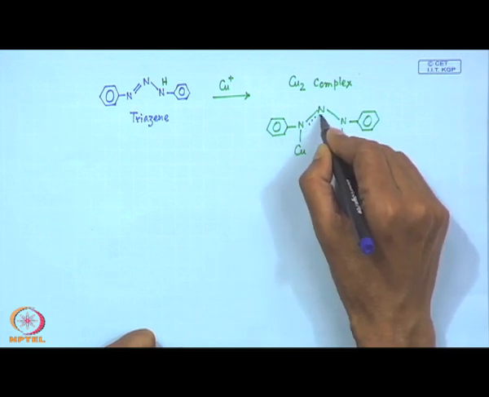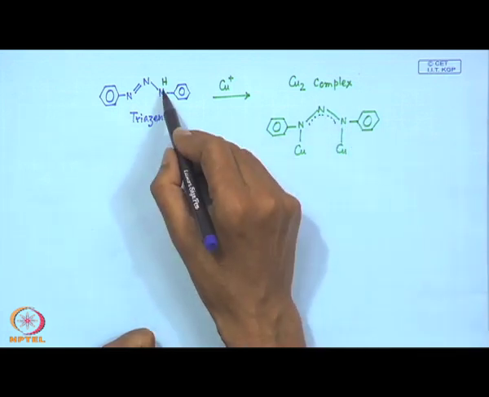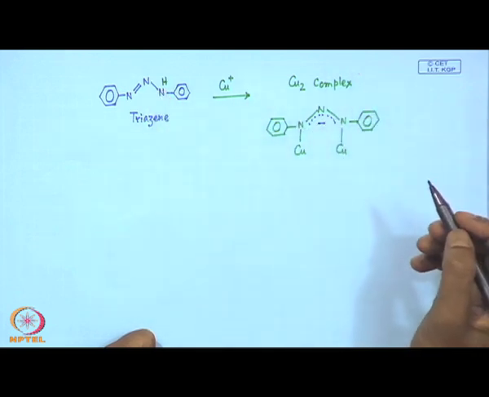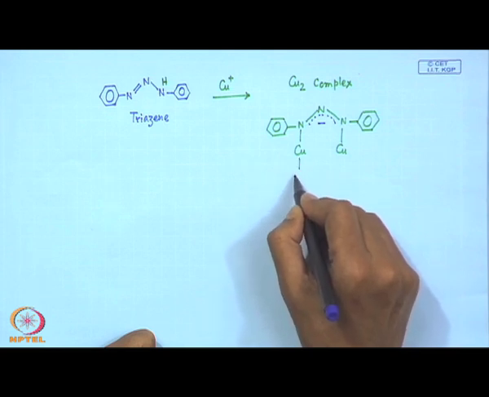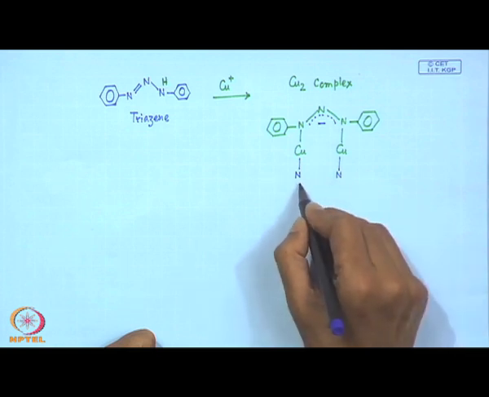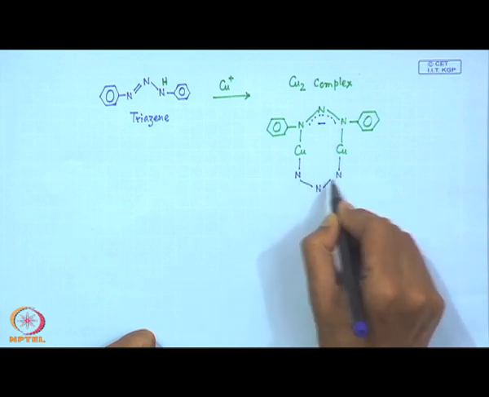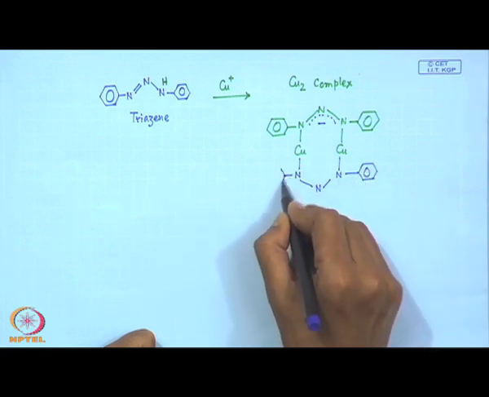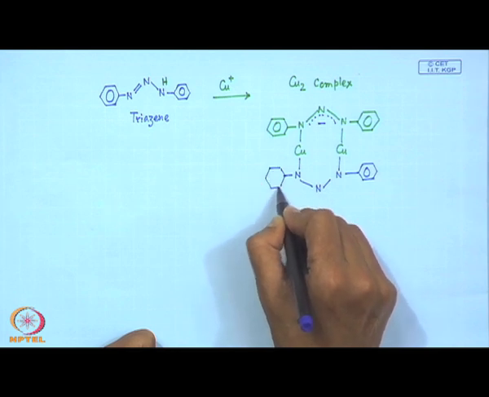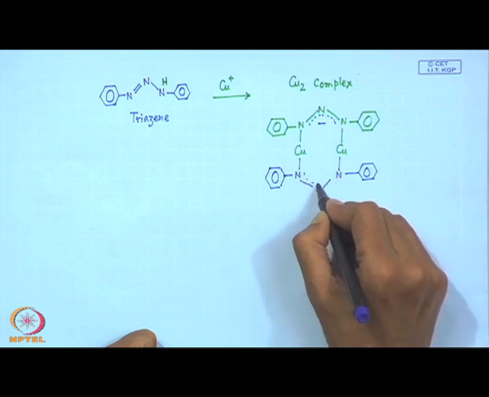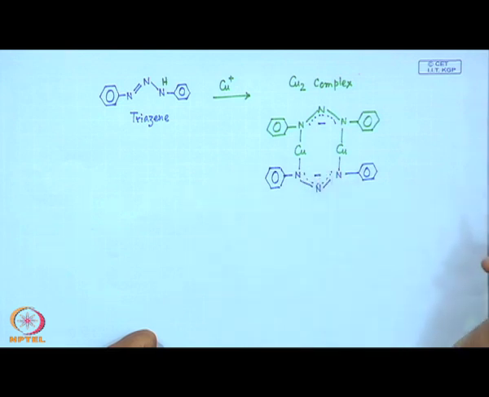Through the deprotonation of this hydrogen, we have a negative charge on this. On the other side of the compound, we can have the same thing with one negative charge.